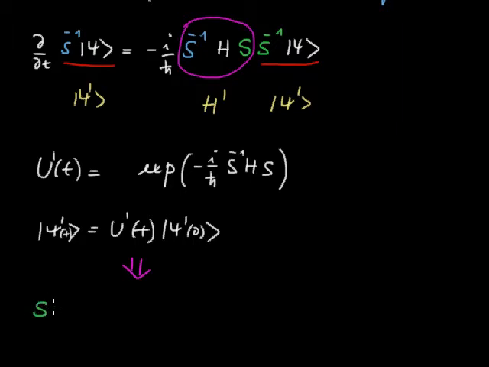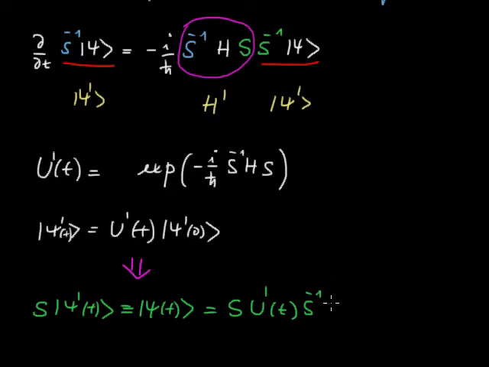So here I get S psi prime t, which equals psi t, that equals S U dash t, and here I would be writing psi dash again, but I can again use the S minus 1 S psi dash, which will give me here the psi.